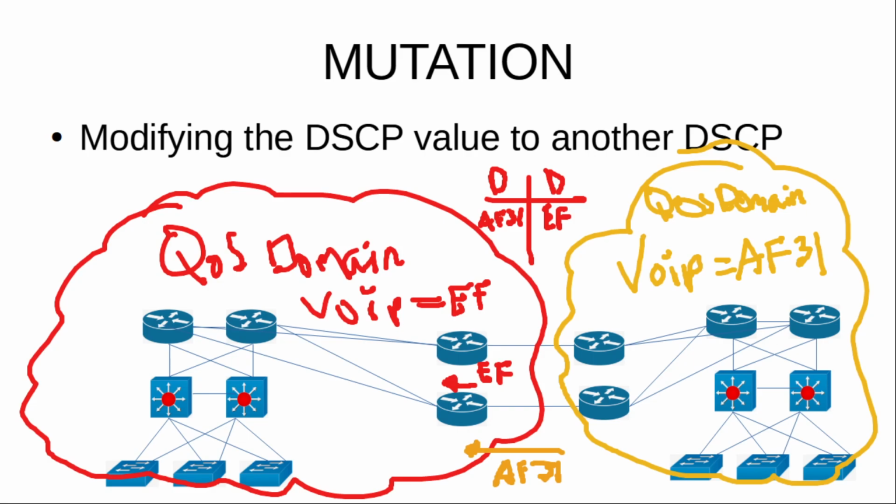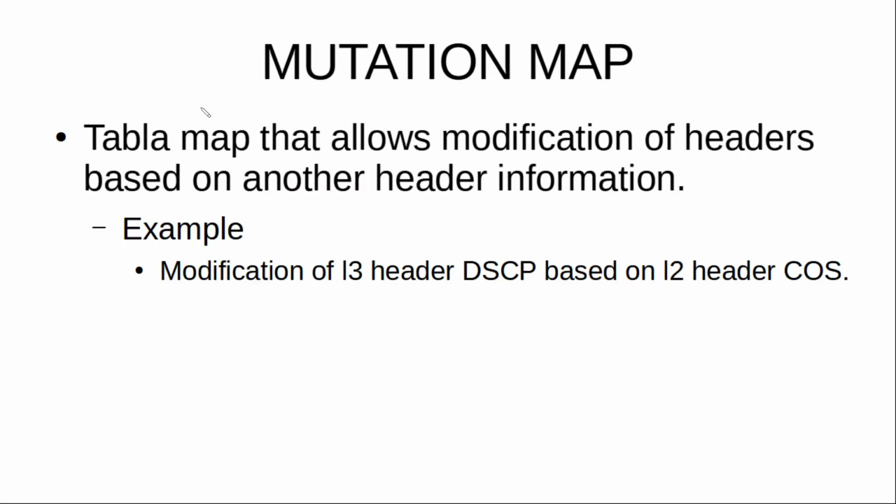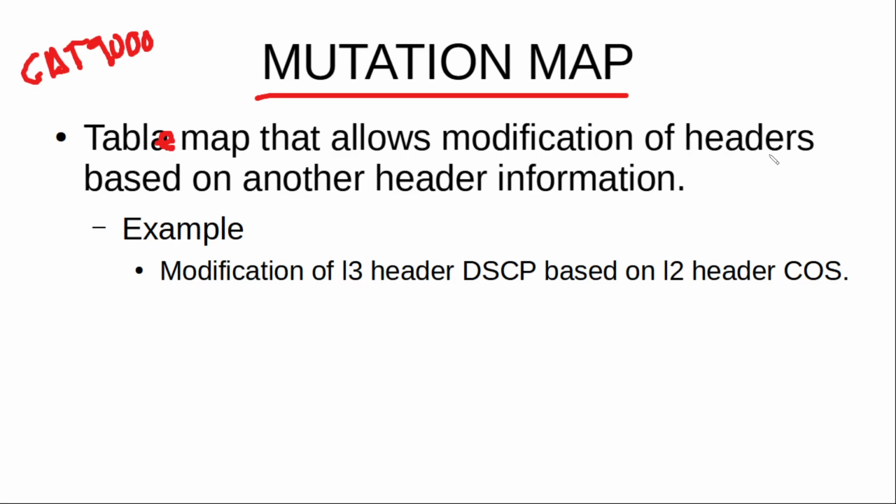But let's talk about how the Catalyst 9000 documentation talks about mutation. With Catalyst 9000, we have mutation maps. A mutation map is any table map that will allow me to modify the headers of some packet based on another header information.